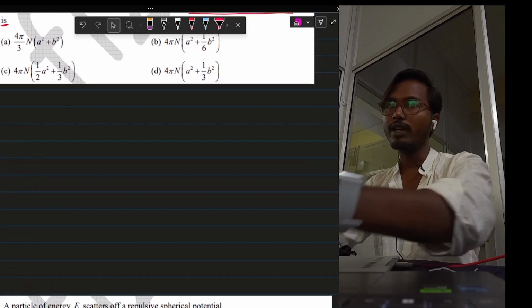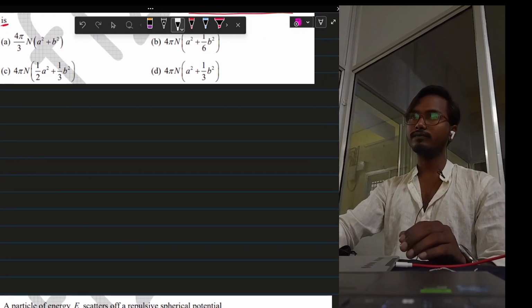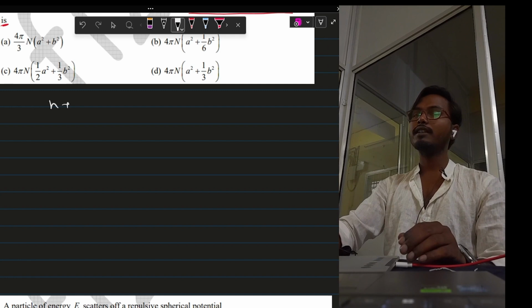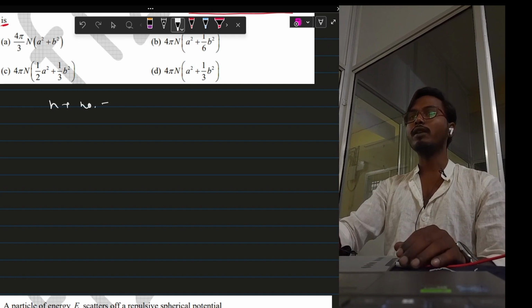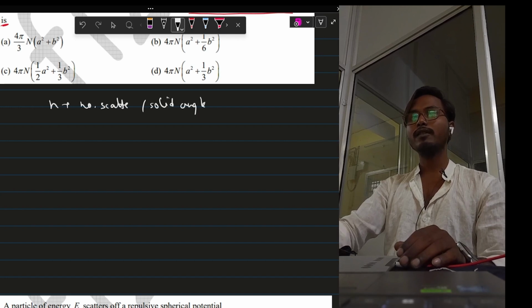What we have to find here is small n. Small n is the number of scattered particles per unit solid angle per unit time.